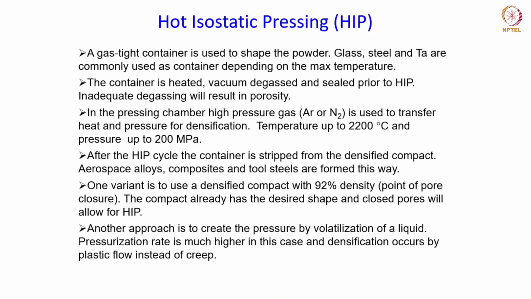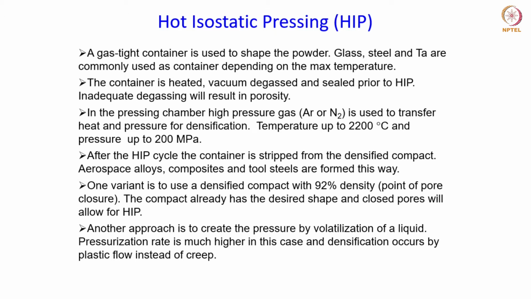We have talked about cold isostatic pressing before, or the CIP process, for compacting the powder by applying pressure uniformly from all sides. So here hot isostatic pressing, or HIP, is the hot consolidation counterpart of the CIP process, okay?